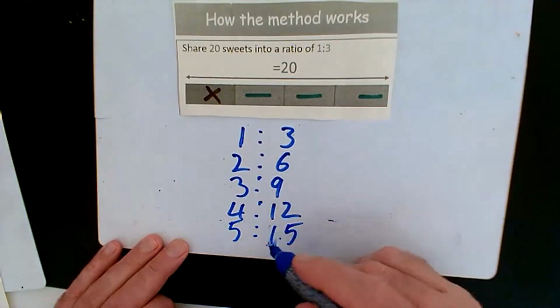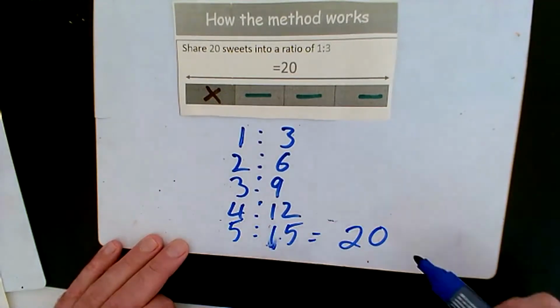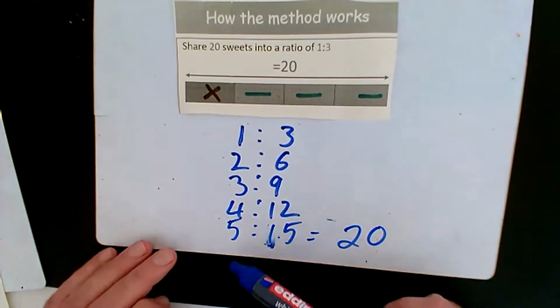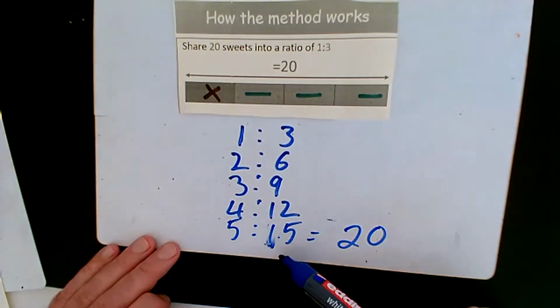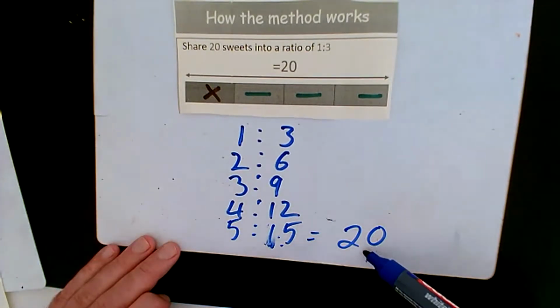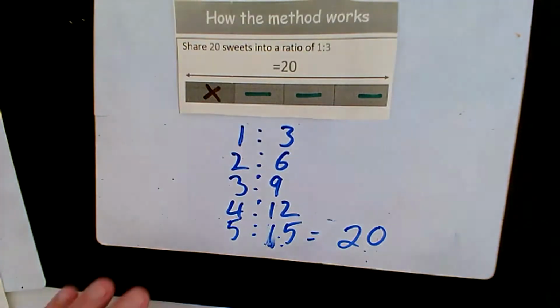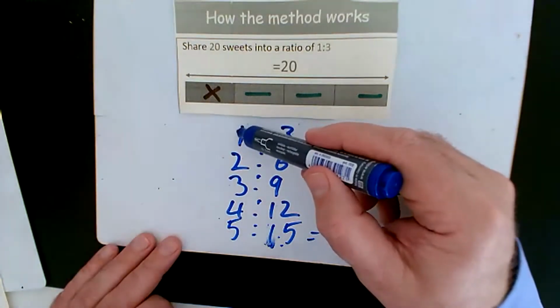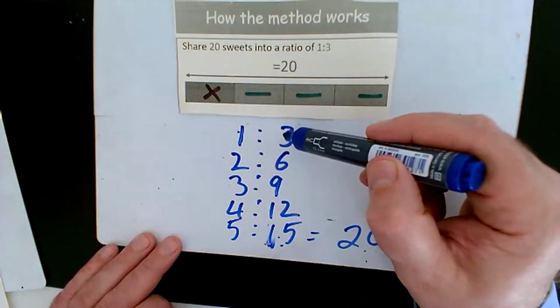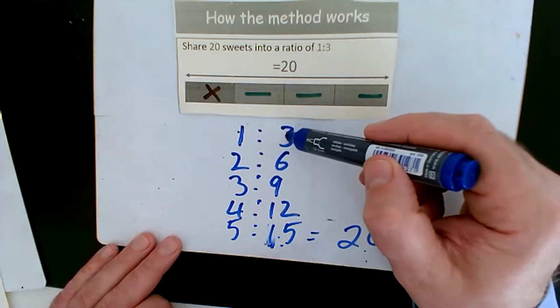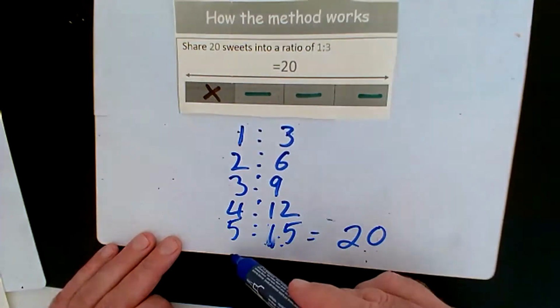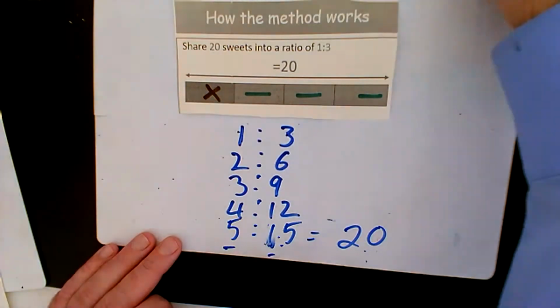That means that's all the 20 sweets. And that's how ratios work. For every one sweet I have, he gets 3. So in total, I would get 5, he would get 15.